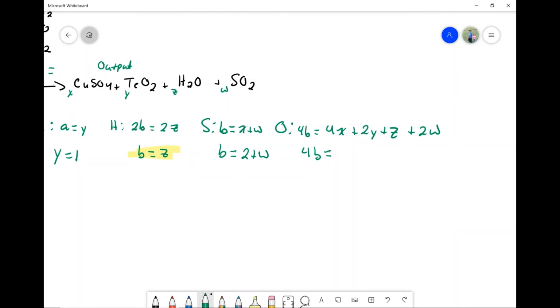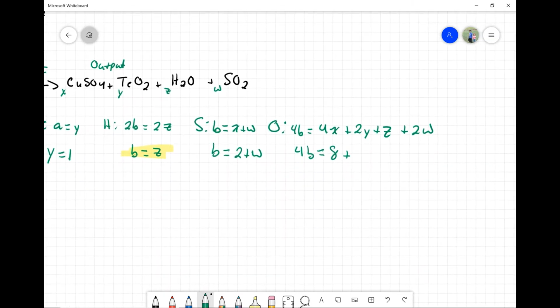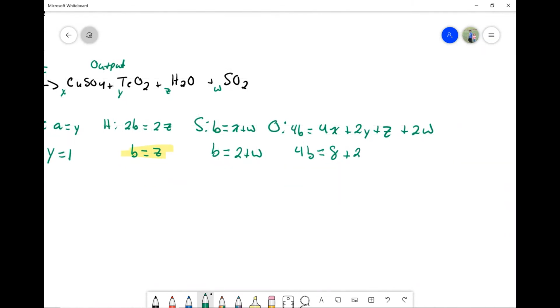X is 2, so 4 times 2 is 8. Y is 1 plus 2. Z equals b, and plus b, and then 2w. And let me see if I want to do another switcheroo. Yeah, we can write all this in terms of b, and then actually solve for b. So b equals 2 plus w.